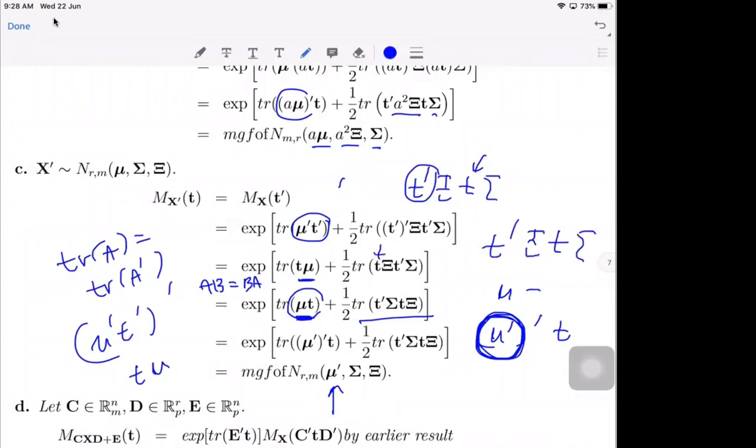But since it is a trace, what you do is again AB equals BA, so you will have t prime sigma and then t psi. So it takes the form t prime. So your parameter now will be sigma and psi.